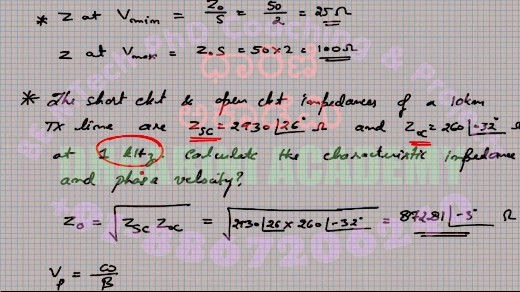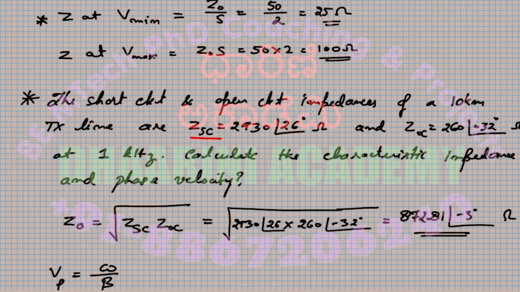Frequency will vary. The 1 kilohertz was used when you calculate the ZSC and ZOC. For calculating this ZSC, ZOC, you use 1 kilohertz. At 1 kilohertz, this is what is obtained.